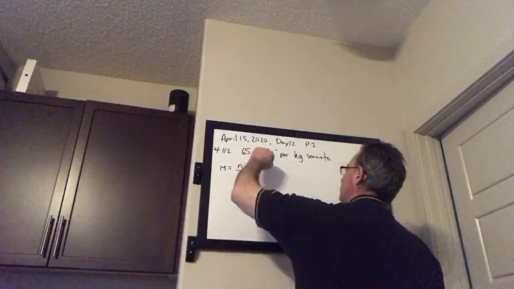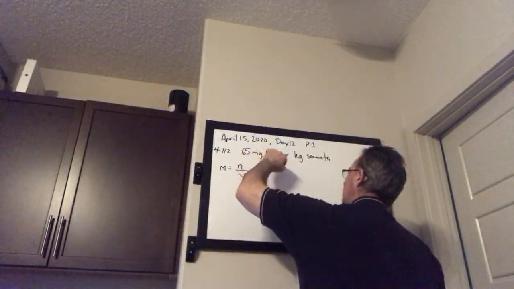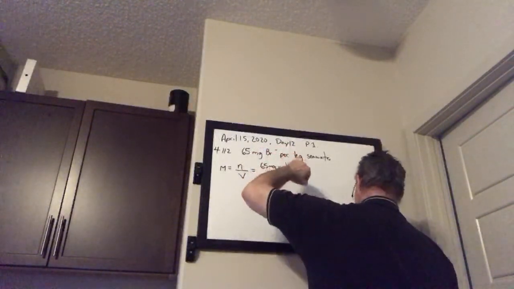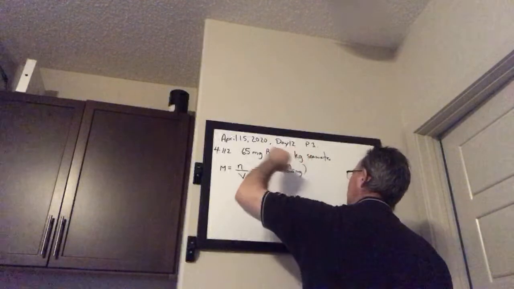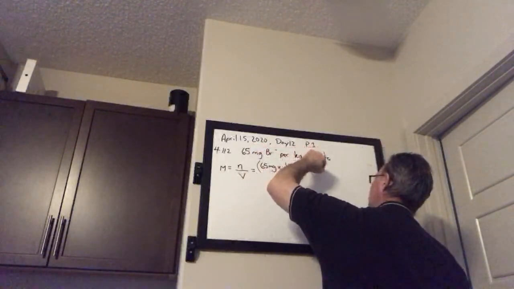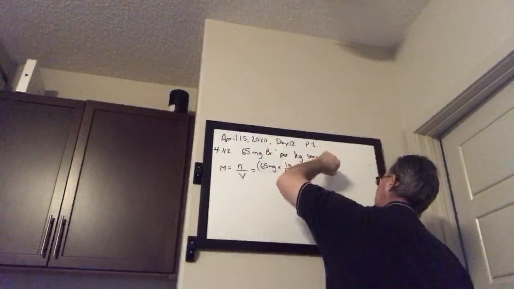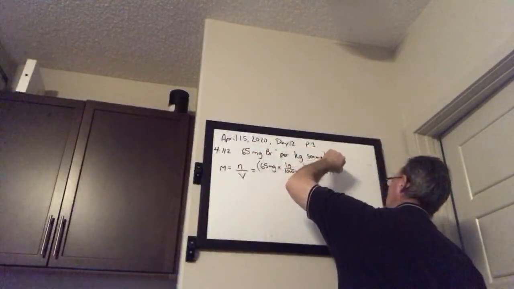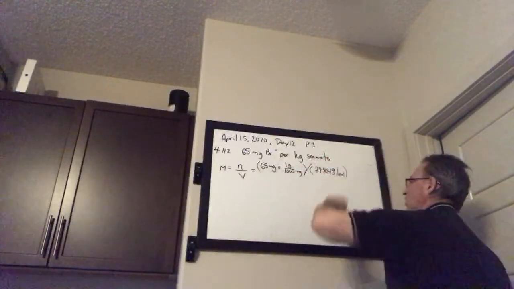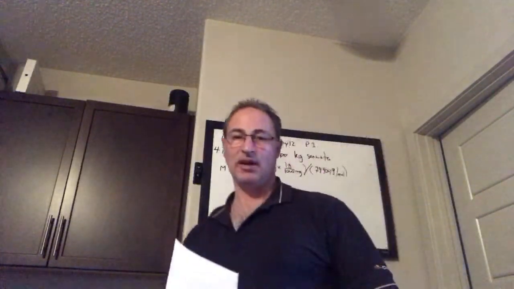We're told there's 65 milligrams times 1 gram per 1,000 milligrams. And bromine has a molar mass of 79.904, or bromide rather. And bromide is monatomic. Okay, so you don't have to worry about it being diatomic because it's Br minus, it's not Br2.